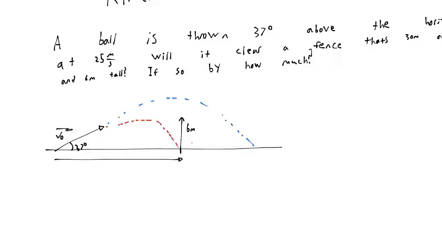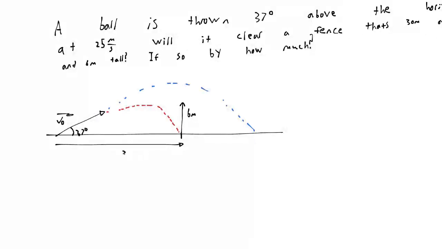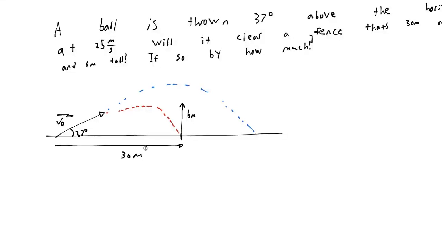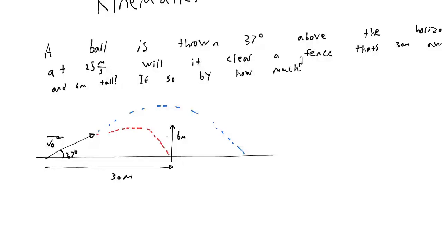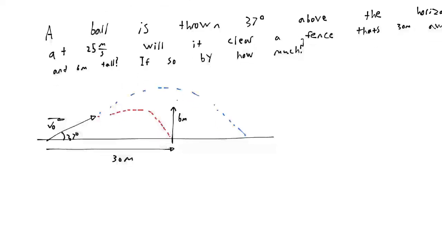So what I would do in this scenario, this is 30 meters, I would find the height after 30 meters. And then I would just see, is it above 6 meters or below 6 meters? Because if it's below 6 meters, then obviously it didn't clear the fence. But if it's above 6 meters, then there's no way it would hit the fence. It would definitely go down over there. So that's what I would do.